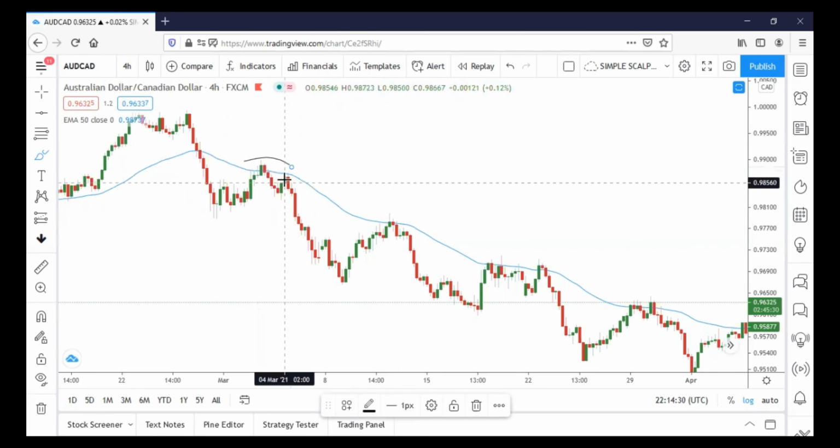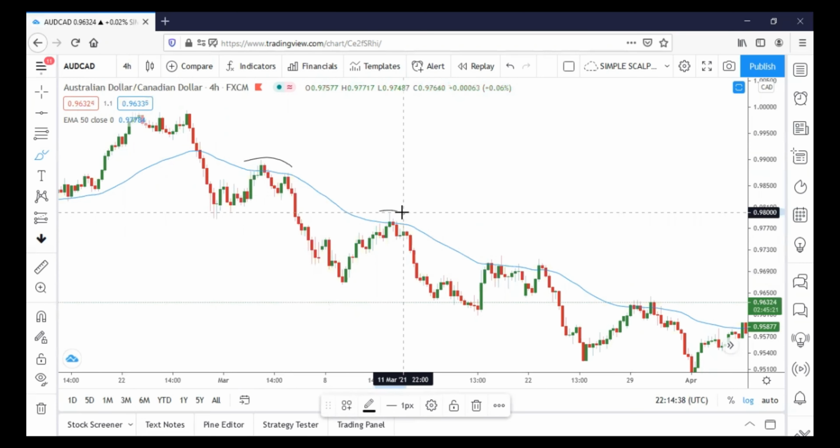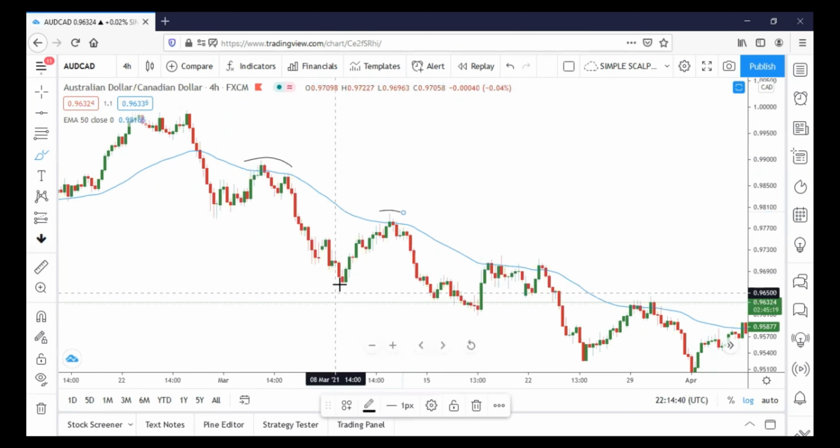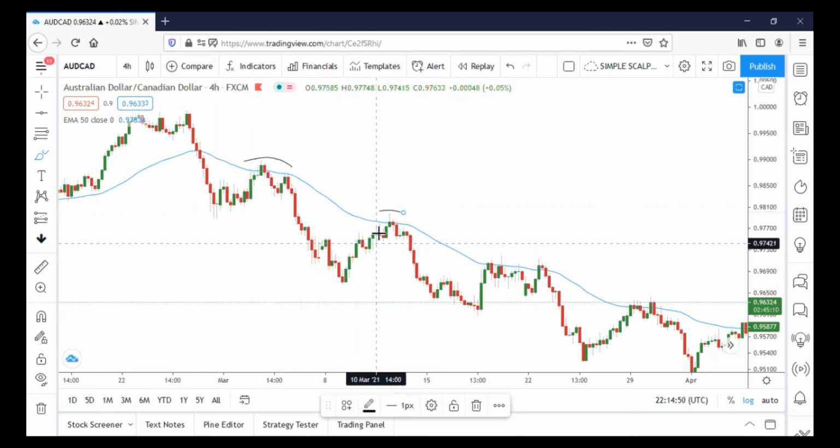The next thing we want to see right after that is price to drop. On the next touch, which is this, that is where we want to start looking out for our trade. We are not taking a trade on the first touch because this is just the first touch. The second touch is going to be the confirmation to us that price is ready to go down.